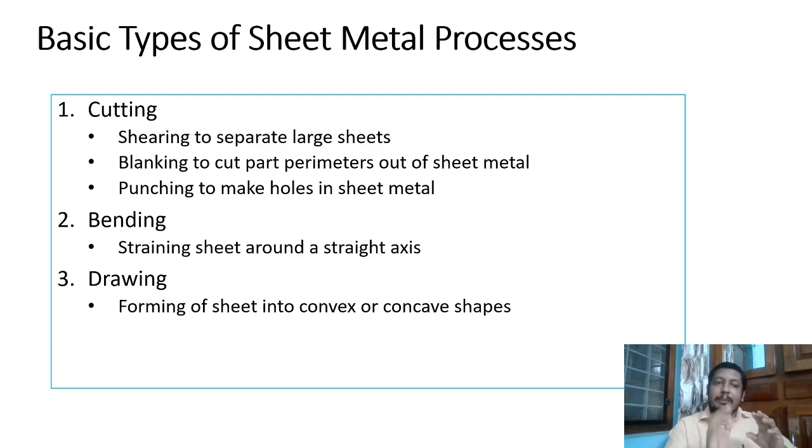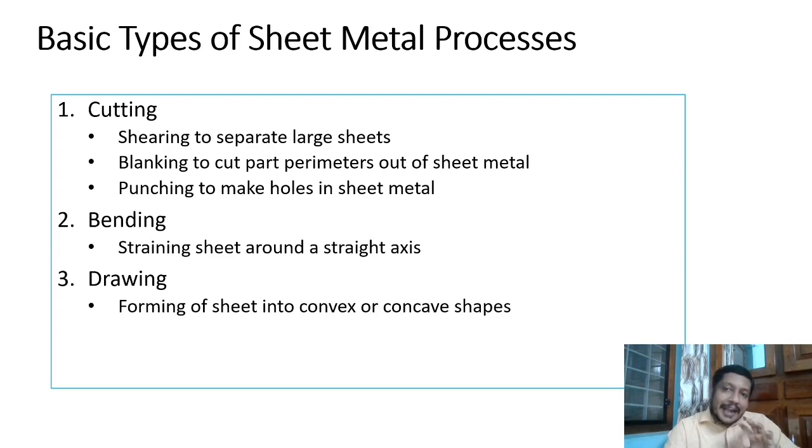The next operation is called drawing, one of the important operations which you will be performing on the sheet, where the sheet is kept in between a set of dies and specific convex or concave shapes are formed. Examples are steel glasses or steel vessels, or you might have seen steel wash basins, or steel beverage cans.